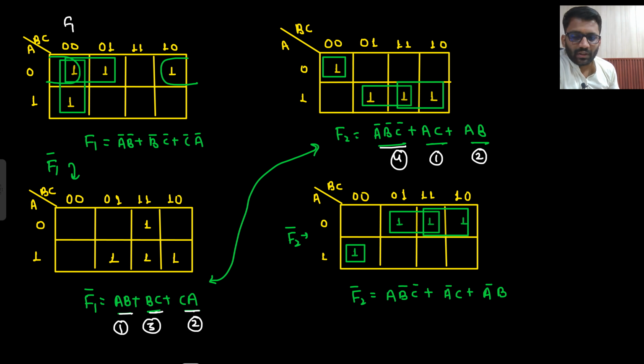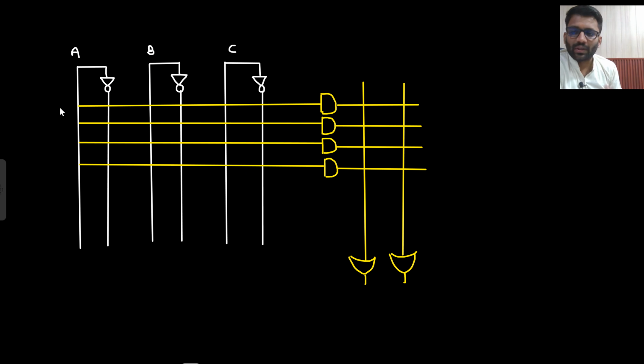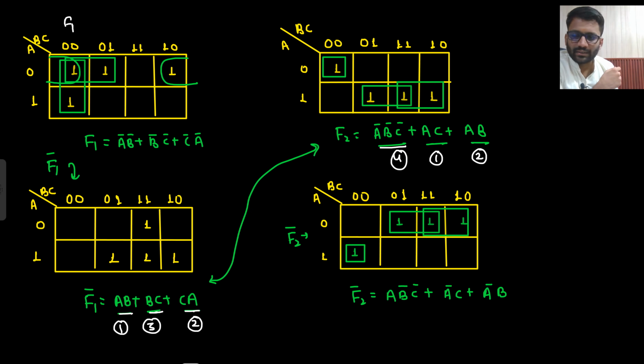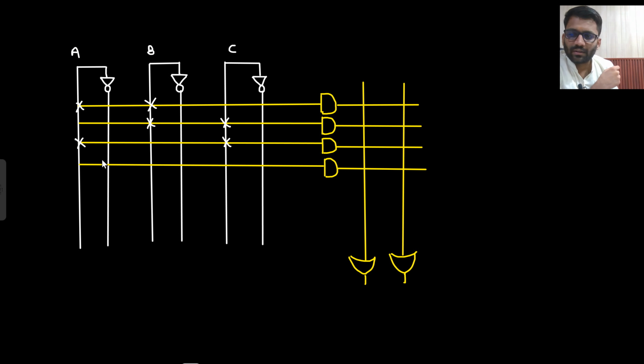AB, BC, and CA, these all I need to make. So AB, BC, CA, and at last I need to make A bar B bar C bar.